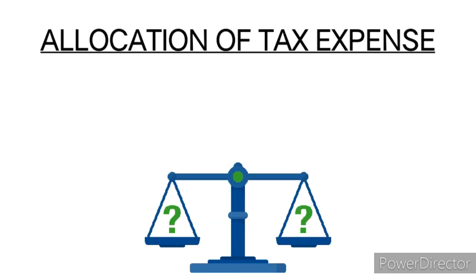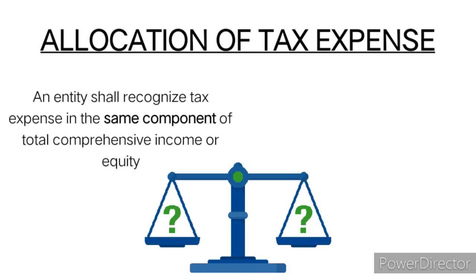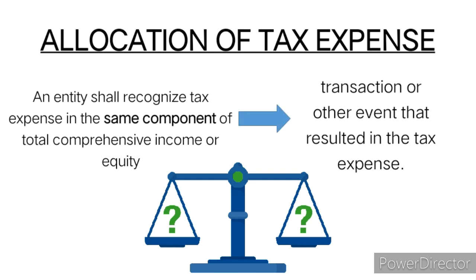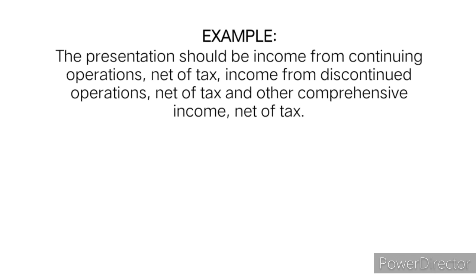For the allocation of tax expense, an entity shall recognize tax expense in the same component of total comprehensive income or equity as the transaction or other event that resulted in the tax expense. For example, the presentation should be income from continuing operations net of tax, income from discontinued operations net of tax, and other comprehensive income net of tax.